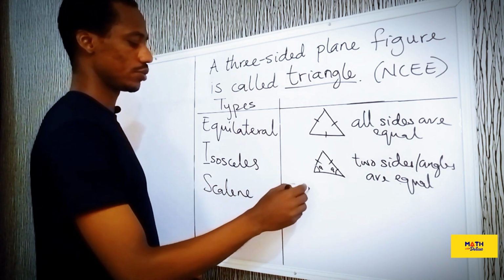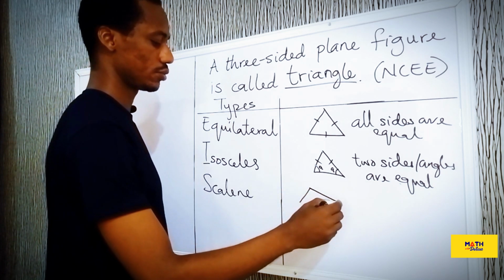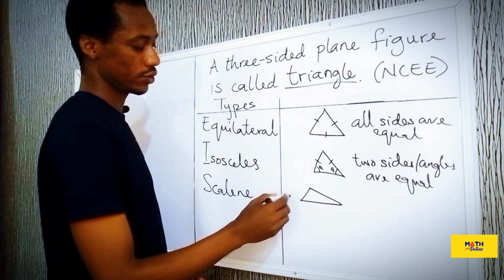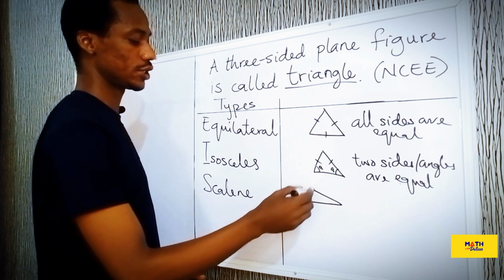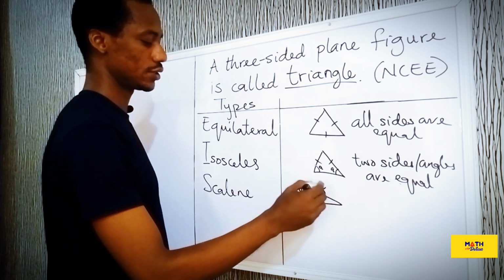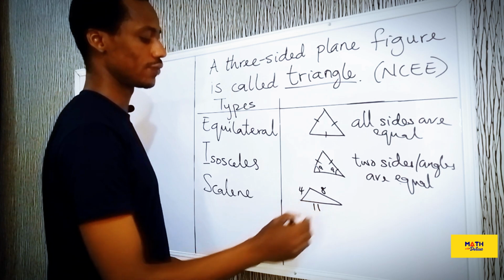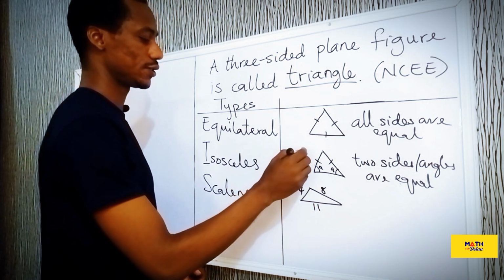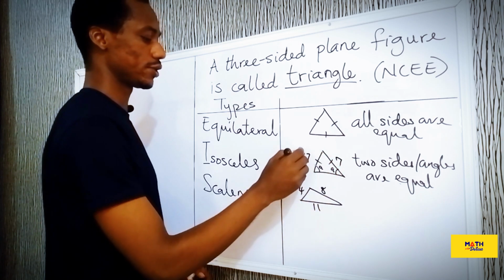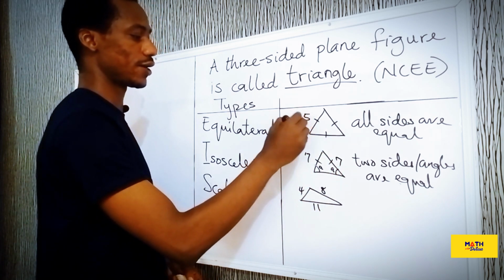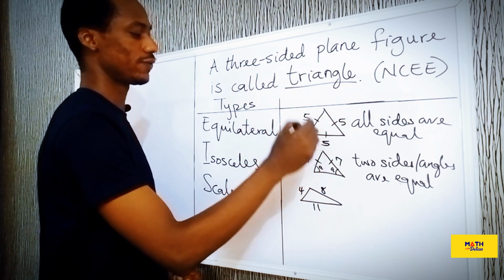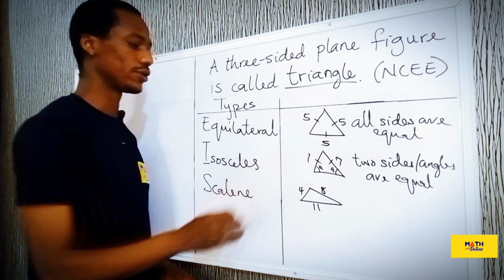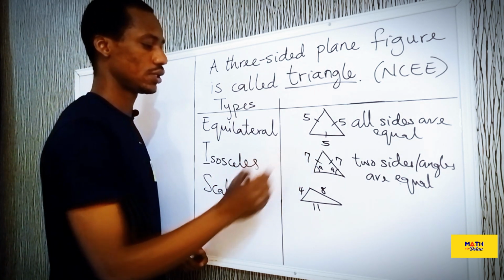So maybe you have 4 centimeters here, 8 centimeters here, and 11 centimeters here. No equal sides. In the isosceles one, if this is 7, this also will be 7. Here, if you have 5, you would have 5 and 5, all equal in length.